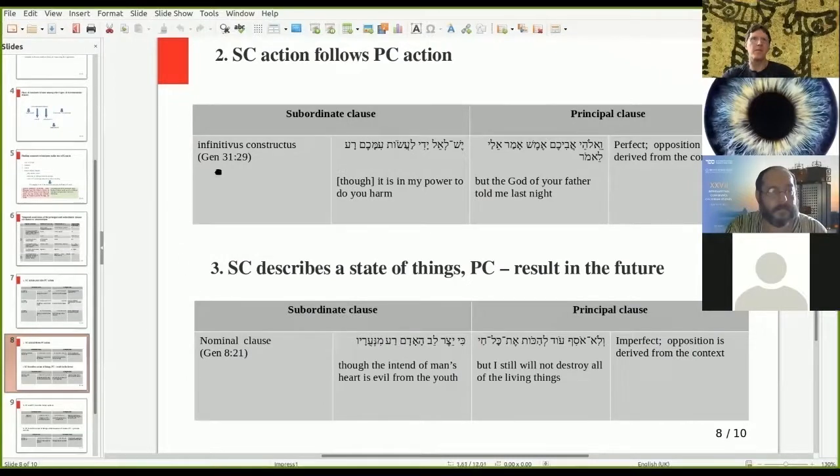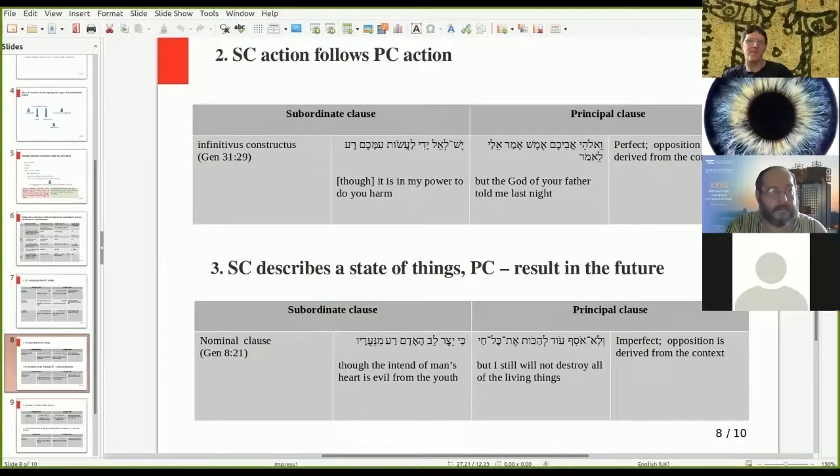In two other variants, the subordinate clause action follows the principal clause action, and we have the infinitivus constructus and perfect. And mostly the opposition has to be derived from the context. And this is the difficulty.